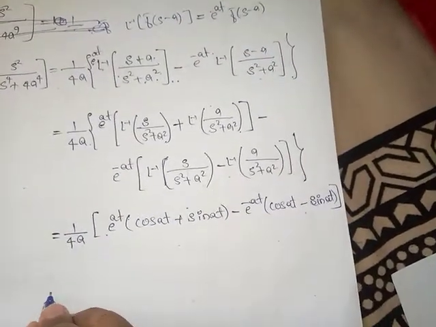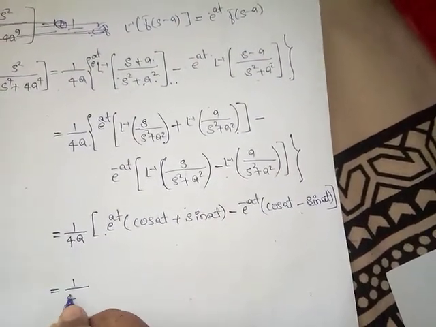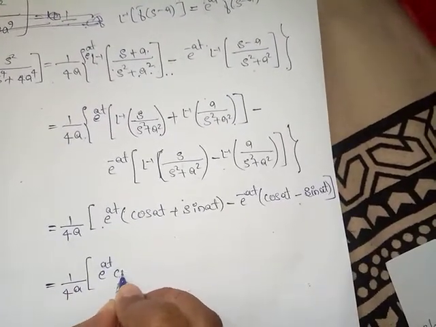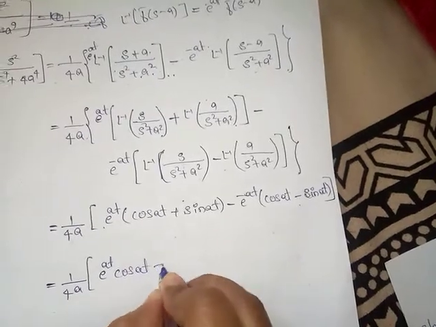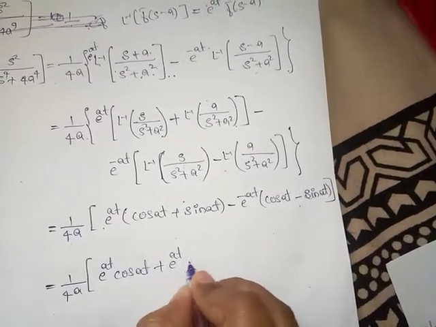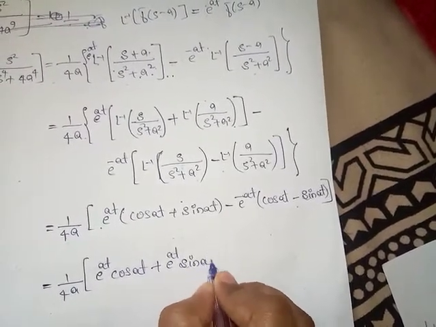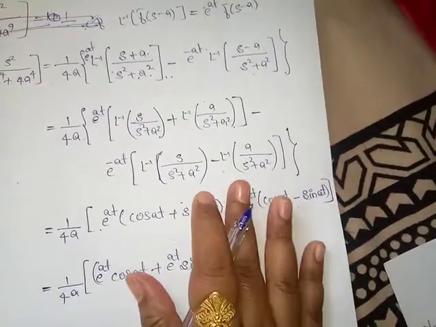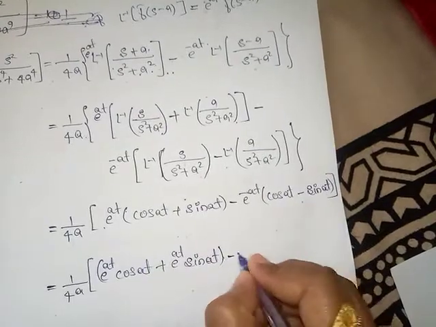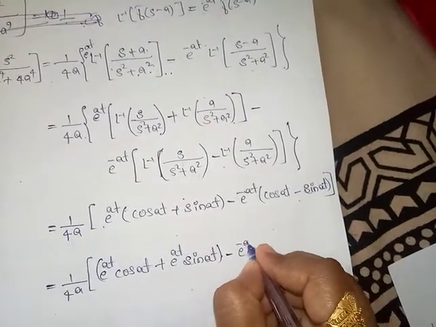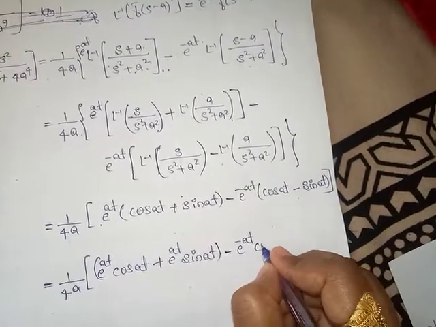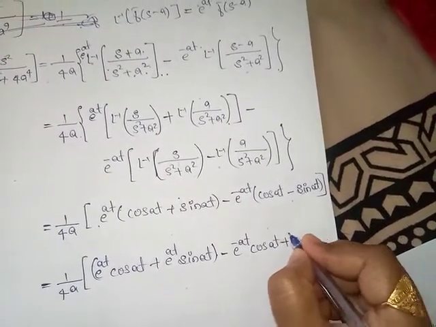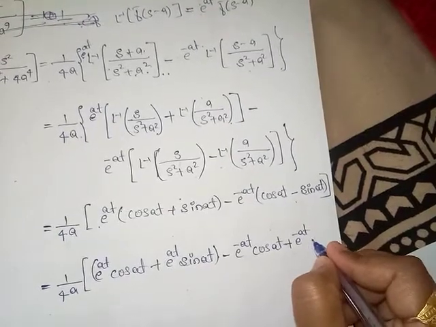Now multiply this exponential form, we get e raised to at cos at plus e raised to at sin at minus e raised to minus at cos at, minus into minus plus, e raised to minus at sin at.